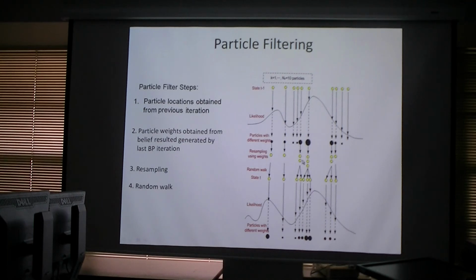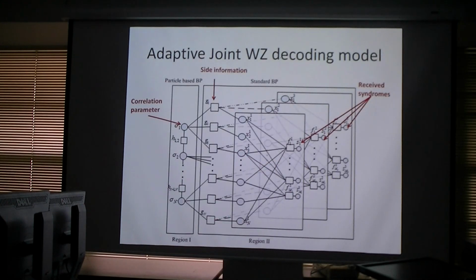And then we will resample the particles. In order to make sure of the diversity of the particles, we will take random walks on these particles. Then we will continue this step until it converges. Then the particle algorithm will approximate the posterior distribution probabilities. That is the big picture of the proposed Wyner-Ziv decoding module.